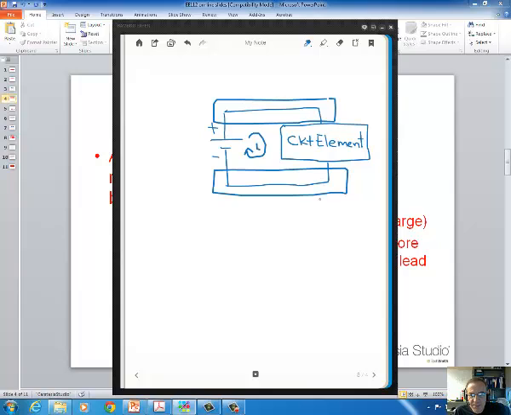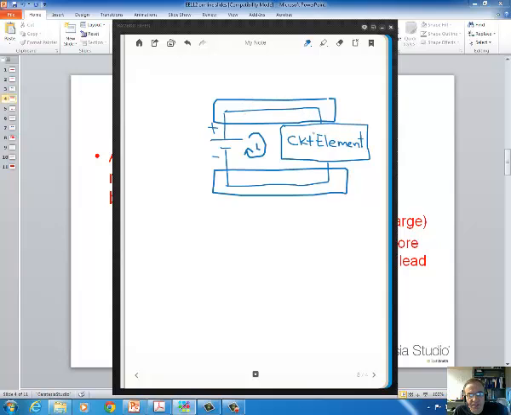And the reason why the current is flowing in that direction, or one way to view it, is that the positive excess charge at this side of the battery is pushing those charges through the circuit.